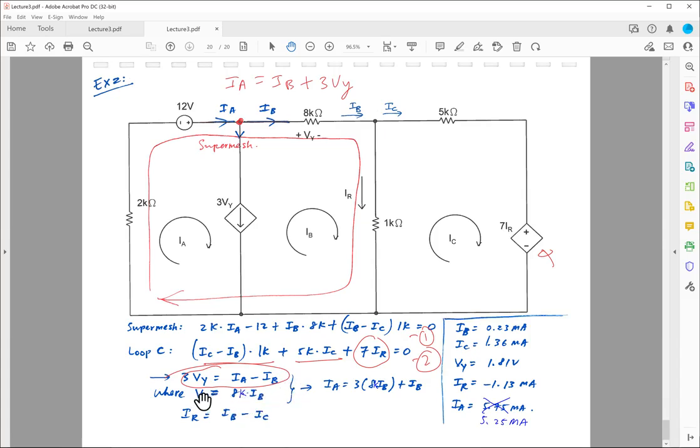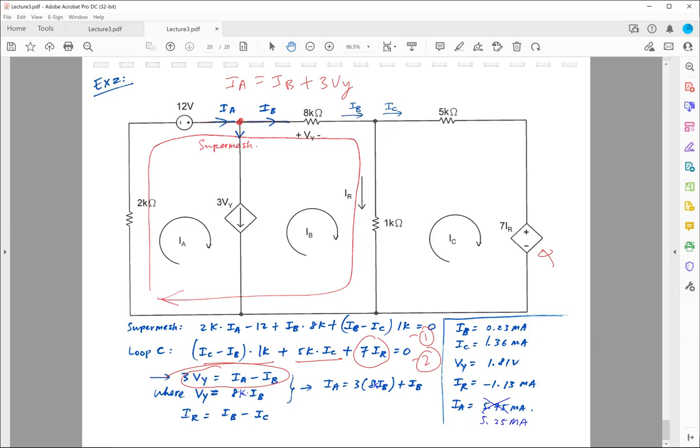We also know that Vy is nothing but IB times 8K, since IB is the current passing through this 8K ohm. So Vy is equal to 8K times IB. From these 2 equations, you can figure out IA: IA is equal to 3 times 8K times IB plus IB.